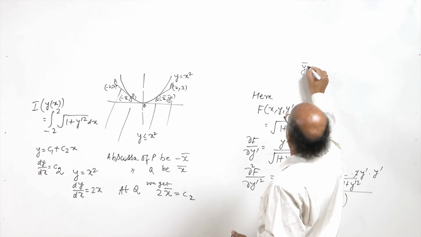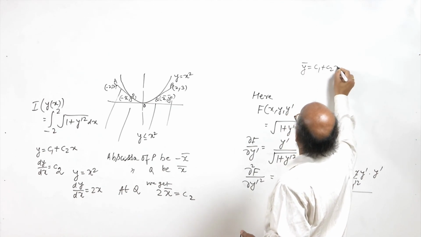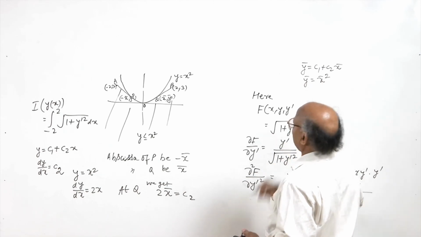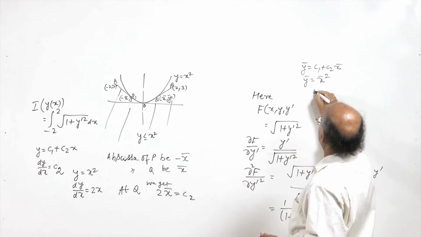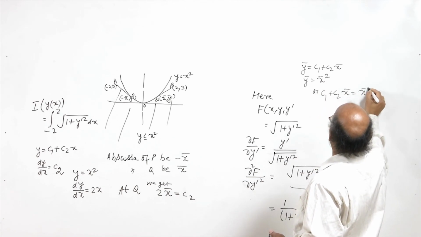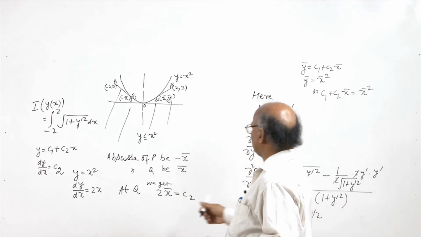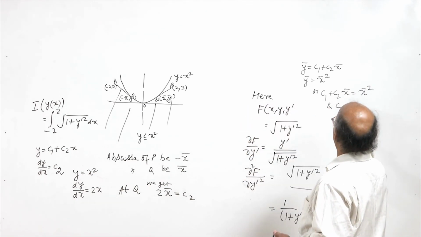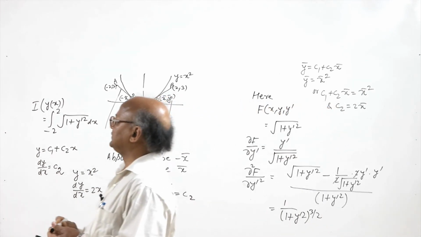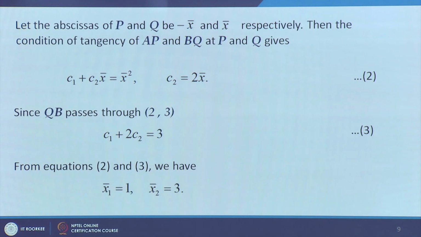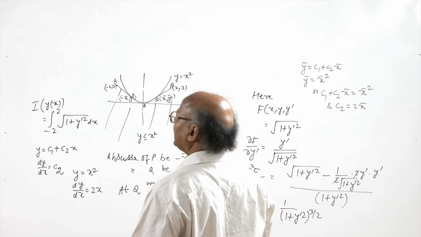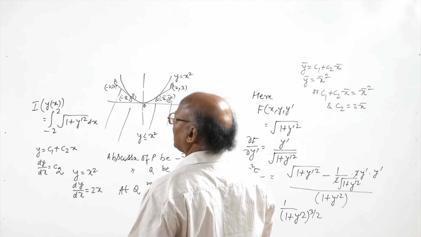So y bar is equal to C1 plus C2 x bar, and y bar is also equal to x bar square. So we can say that C1 plus C2 x bar is equal to x bar square, and we have C2 equal to 2x bar from the condition of tangency. So x bar is equal to C2 by 2, that is C2 equal to 2x bar.